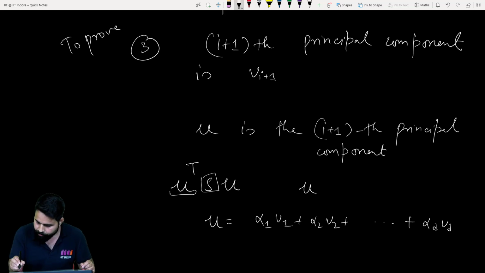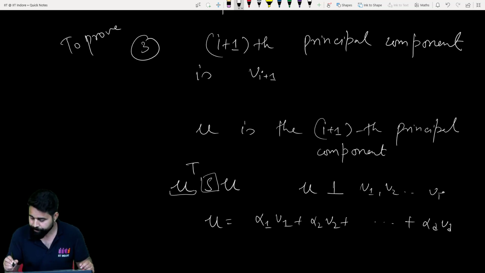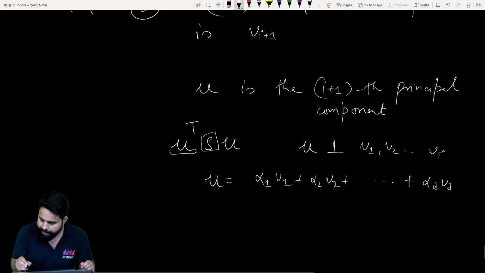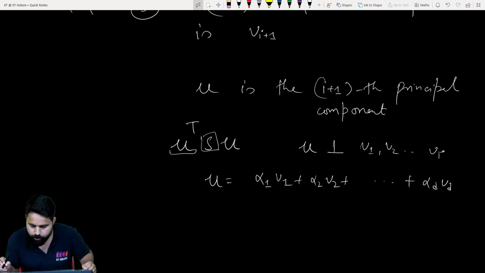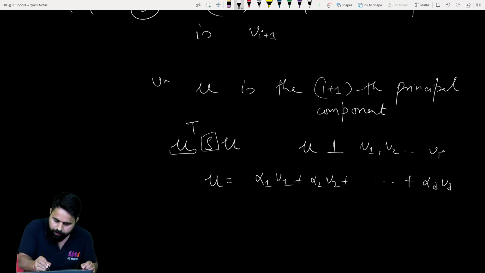So U is orthogonal to V1, V2, up to Vi. And U I am again taking as a unit vector, for simplicity.